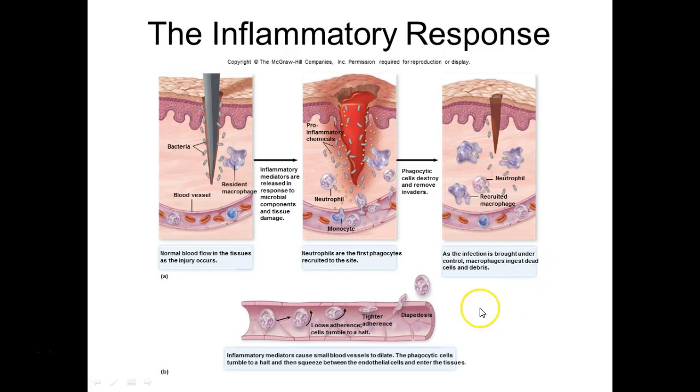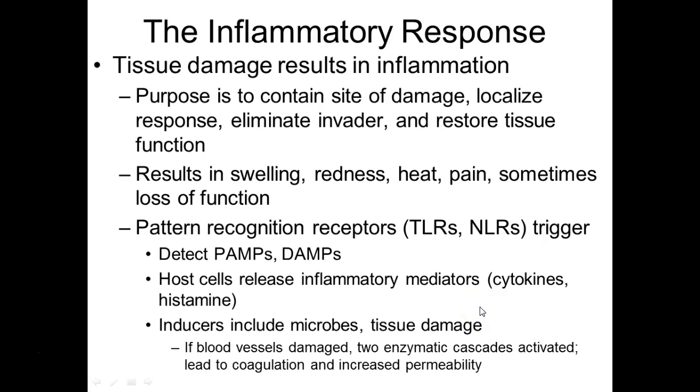We talked about the different components, right? So we talked about why you see swelling, why you see redness, why you feel heat or pain. And we started to talk about how this process is initiated.